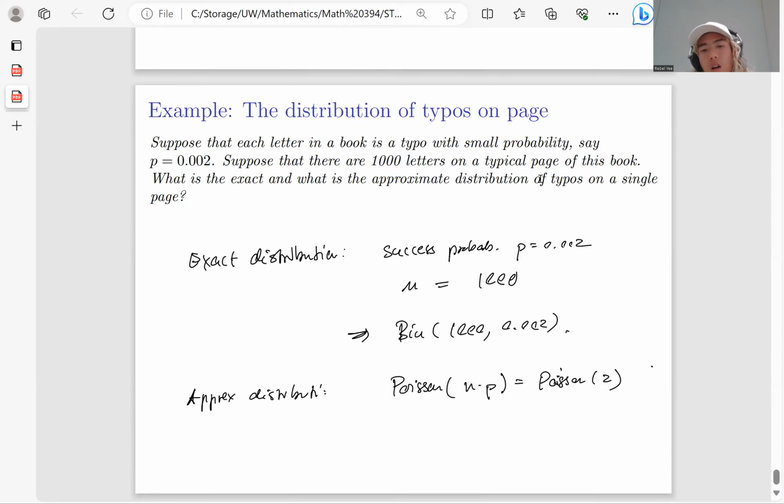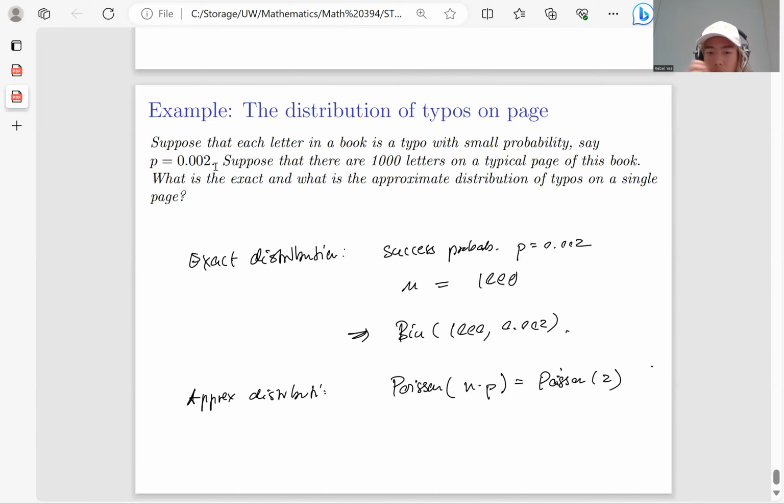In this case, this is a binomial distribution because n is 1,000 and p is 0.002. If we have a typo, that means a success. If we don't have a typo, that's a failure.